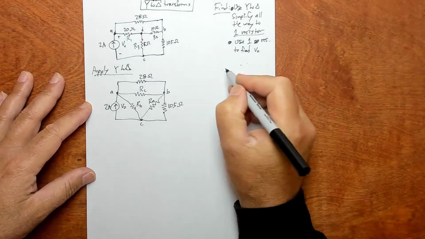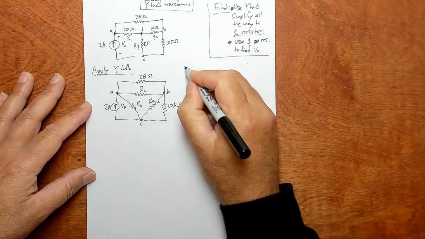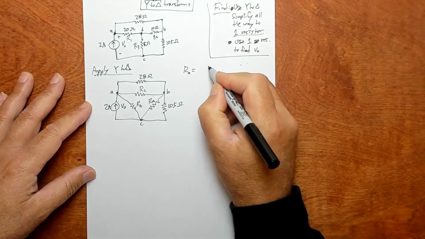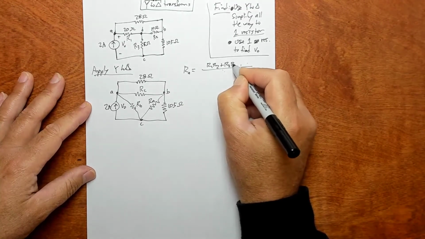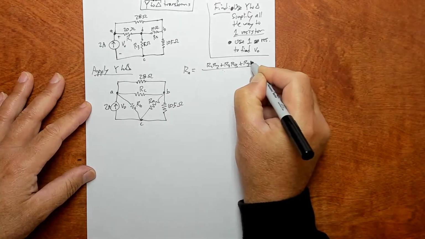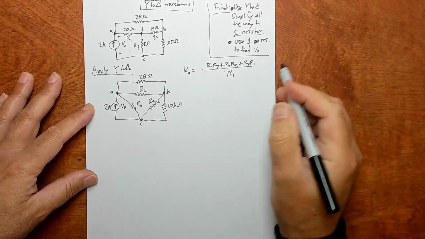Right? Then we apply the math formulas we have. So RA is given by R1 R2 plus R2 R3 plus R3 R1 over R1. That's the formula we have.